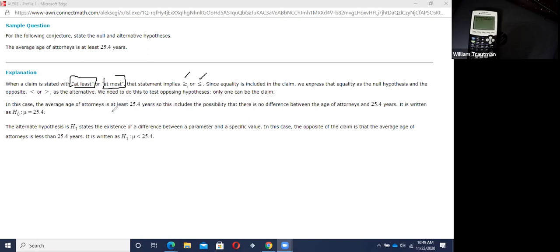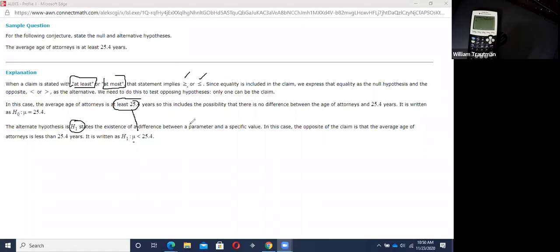So in the case of the average being at least, the H1 is going to be the average is less than that value.